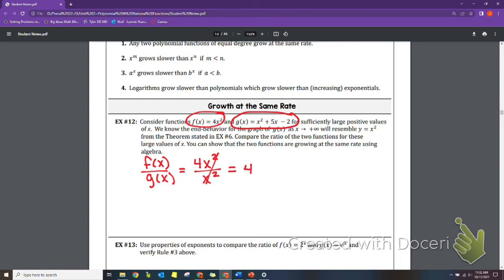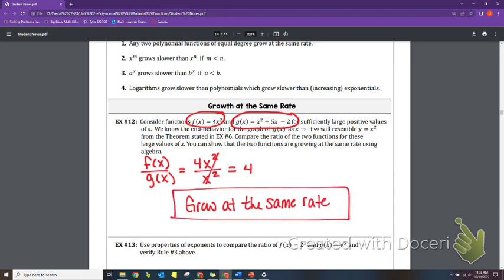So we could say that they grow at the same rate. And we showed that by using this. Because it becomes a constant, they're going to grow at the same rate. There's no variable left in it. Our variables canceled out.